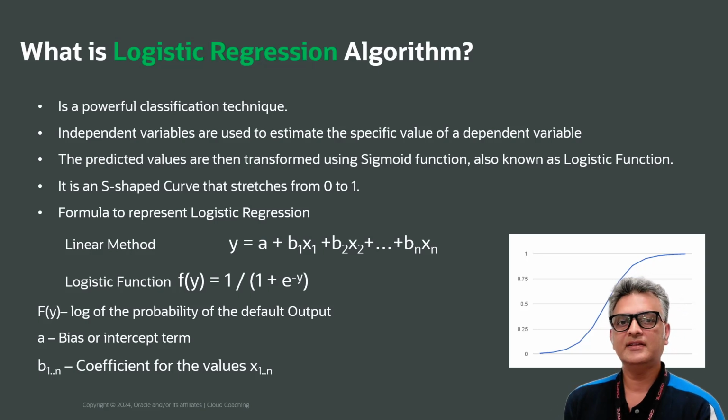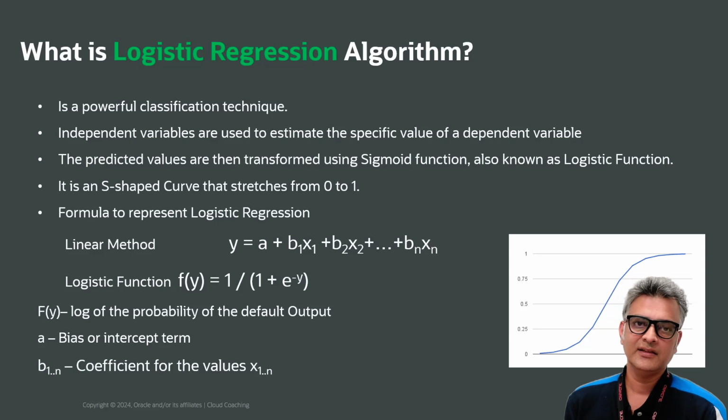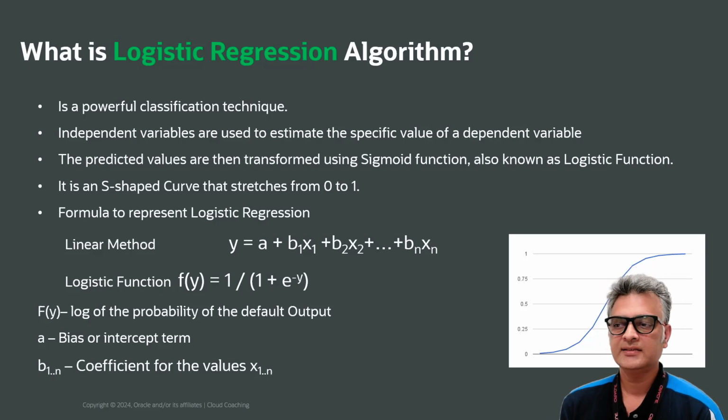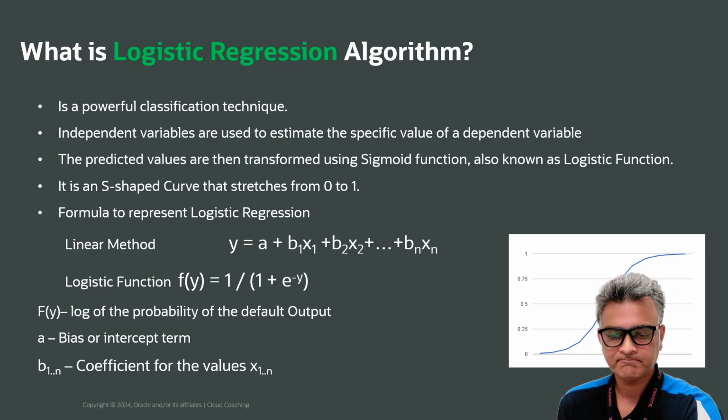Once we have this linear method identified, we apply the logistic function, which has a formula something like f of y equals 1 divided by 1 plus e to the power minus y. This logistic function would create an output on the predicted values in an S-shaped curve, as you can see in the diagram.